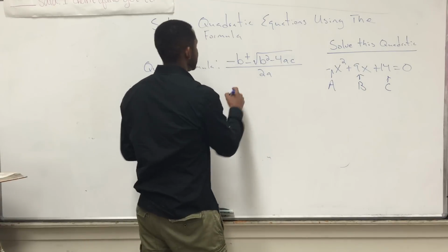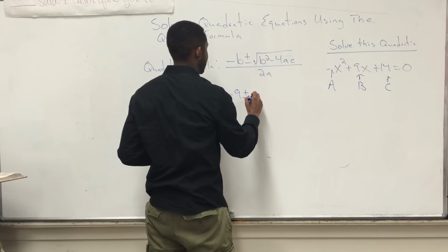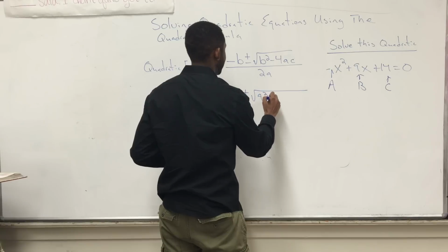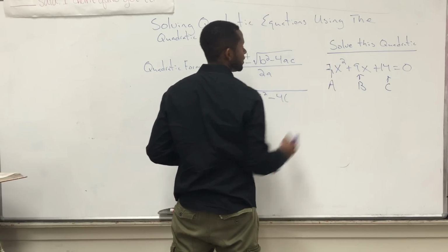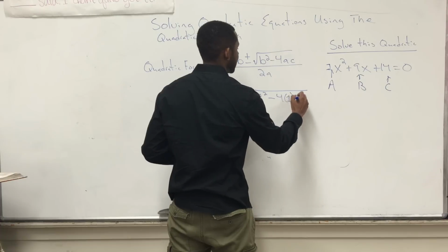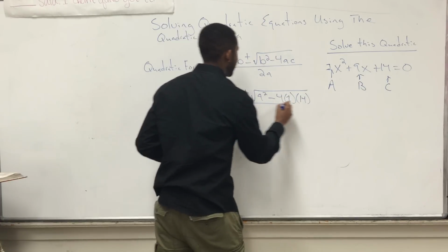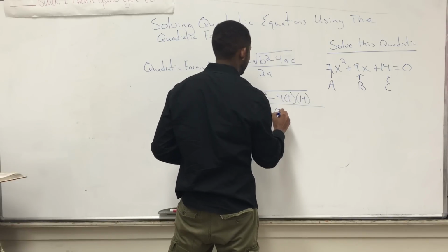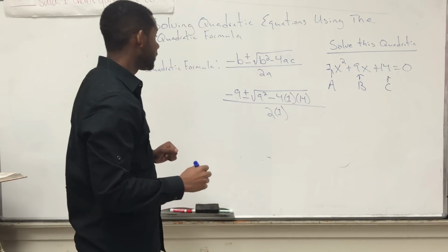Negative b is negative 9, so I'm going to put negative 9 plus or minus the square root of 9 squared minus 4 times a. What was a? a was 1, times c. What was c? c is 14. Boom. I got that whole part over 2 times a, which is 1. You should plug that whole thing in right there.